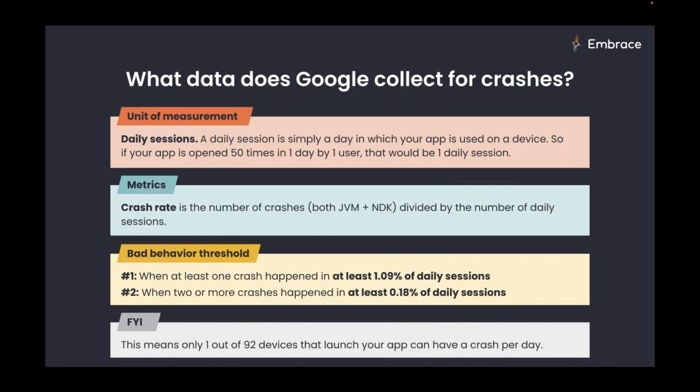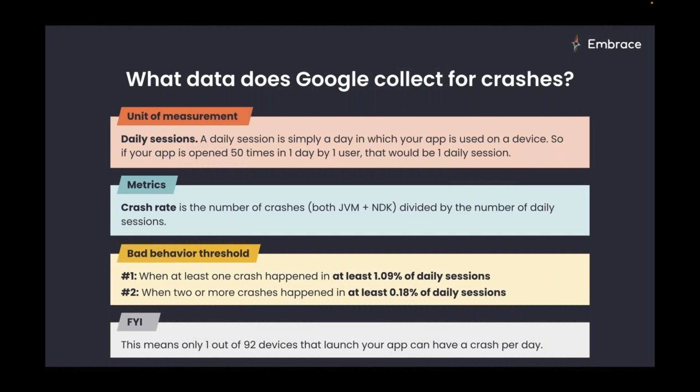So it can lead to your crash rate giving you a lot less tolerance for error than you might think. In terms of the metrics shown on the Google Play console, the metric is basically the number of crashes, that's JVM and NDK crashes, divided by the number of daily sessions.